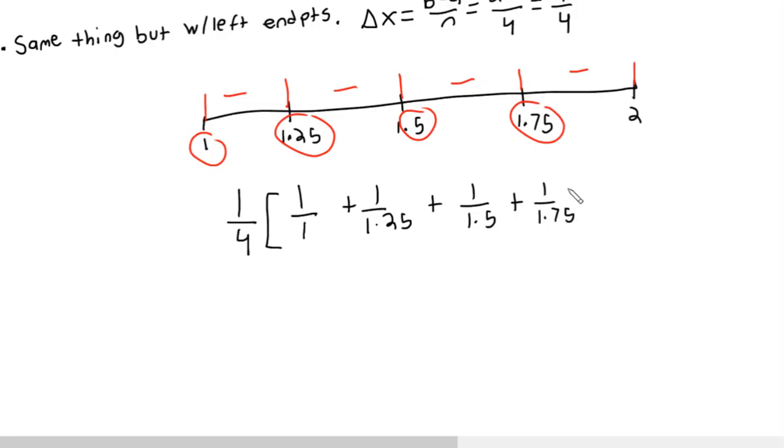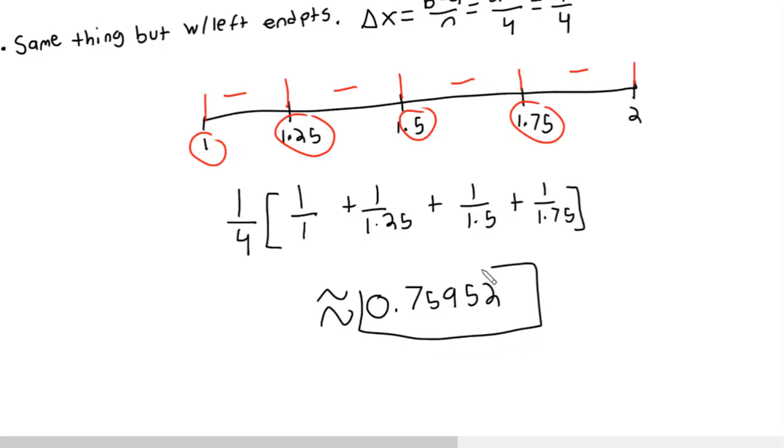And I'm not including the 2 because I'm using the left endpoints of each of these little sections. So I'm not including the 2 here. And this is going to be approximately 0.75952. And that's our answer.